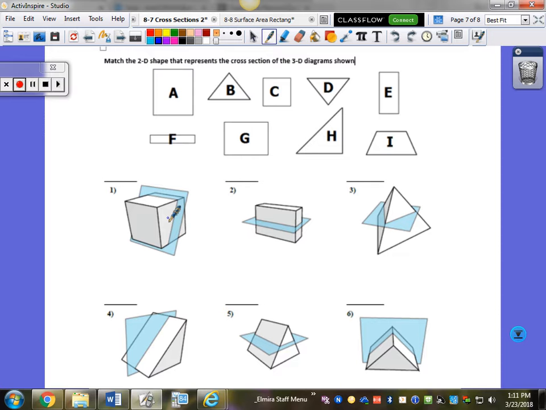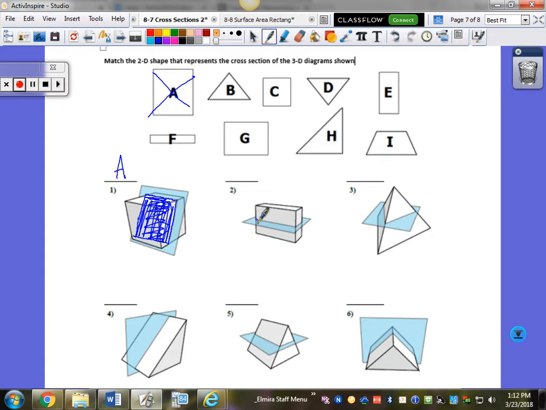But then you take it apart, and you take one side of this figure off and the other side, and you open and you can see on the inside what it's going to look like. So it's going to be like this, and if I could see the other side, it would be parallel to this side, and it would be kind of like a rectangle that's taller than it is wide. Well, that matches with A. So that answer is A.